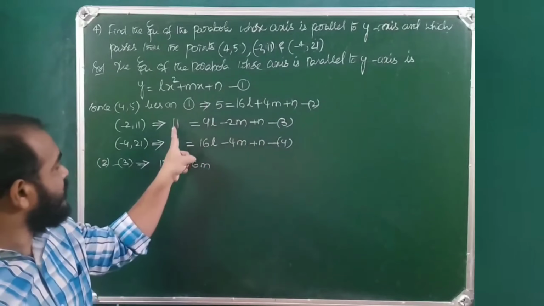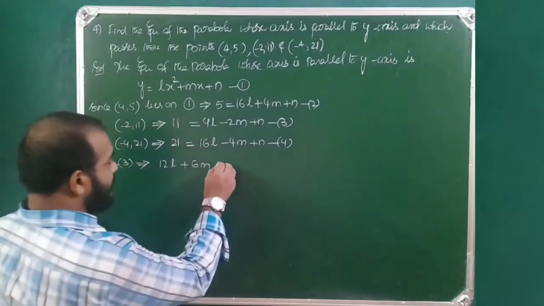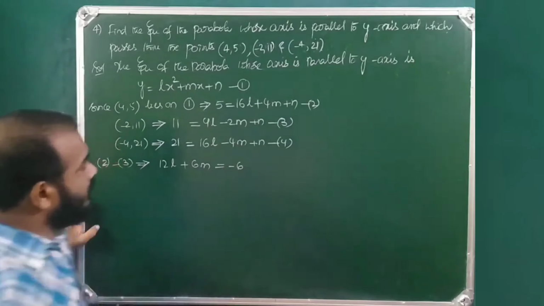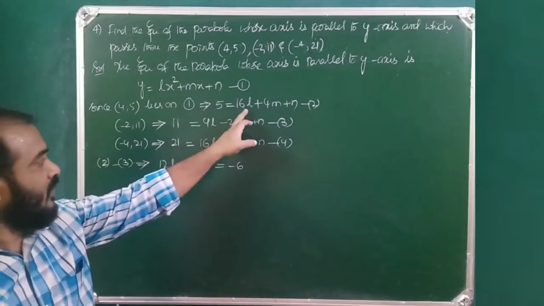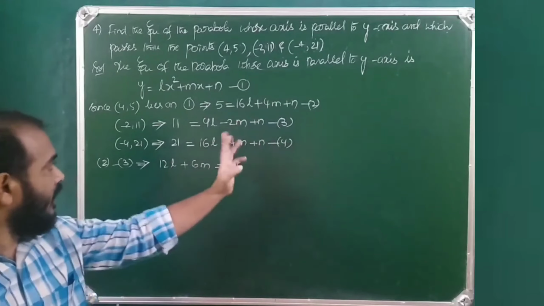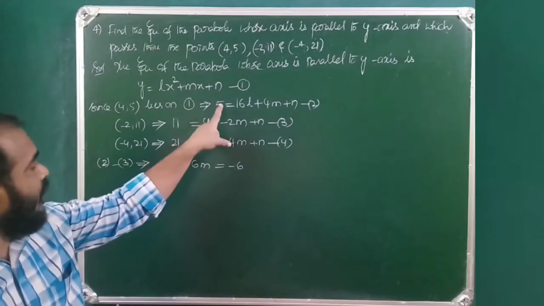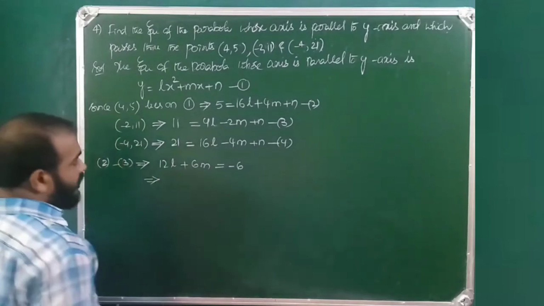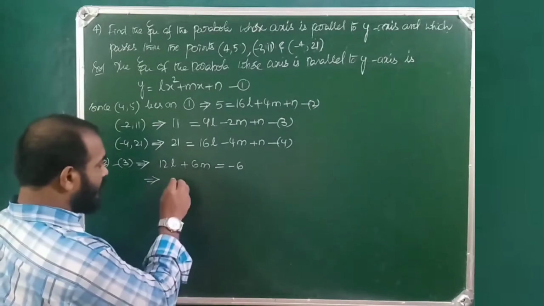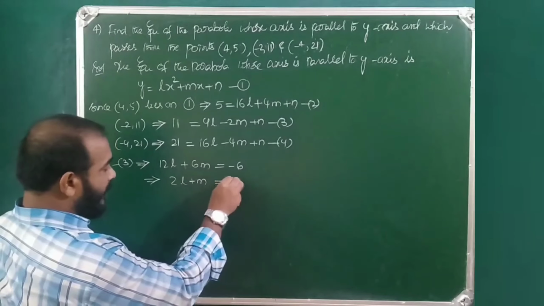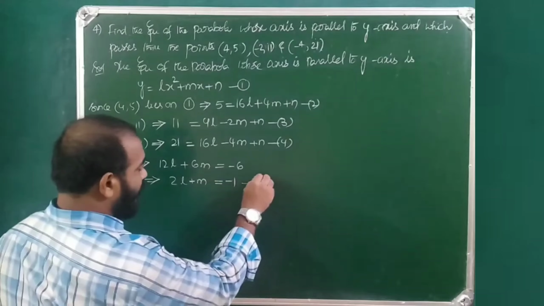So 5 minus 11 is minus 6. If you take 6 as a common factor, then 2L plus M is equal to minus 1. Let us suppose that this is the fifth equation.